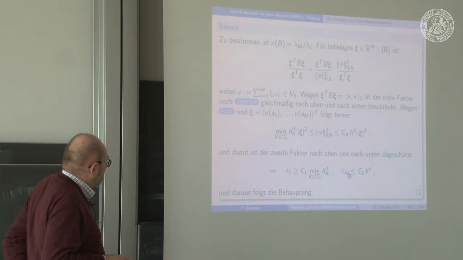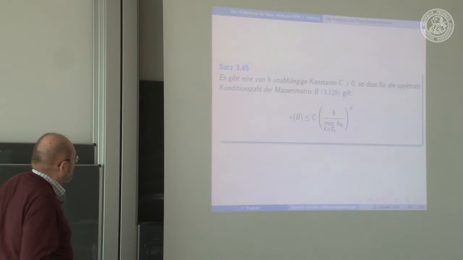But lambda m is the maximum, the best upper bound, so we have this inequality. Similarly, we get this relation, because by this relation we now have as a lower bound a constant times the minimum. So now we just go to the quotient of these things, and we get a corresponding estimate for the quotient, which we would like to have here. This explains this result here.